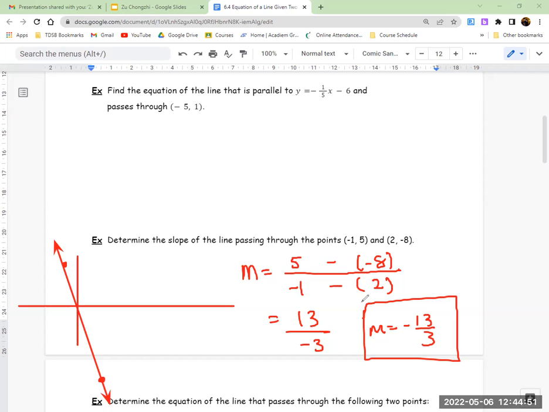But graphically speaking, if I give you 2 points, do you think you can draw a straight line? And then graphically, do you think you can count for the slope? And graphically, do you think you can identify the y-intercept? If you can do everything that I just said on a graph, you should be able to do it algebraically as well, because they are both talking about the same picture.